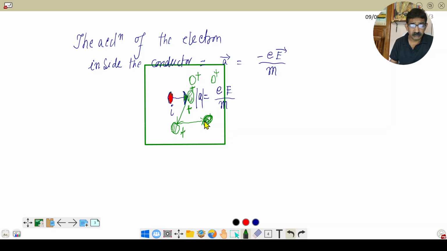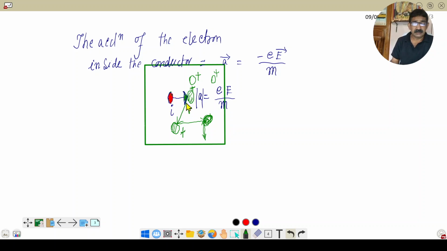So it will move in another direction. So this is the mode of movement of the electron inside a conductor when the electric field is established between the two terminals or in this region.